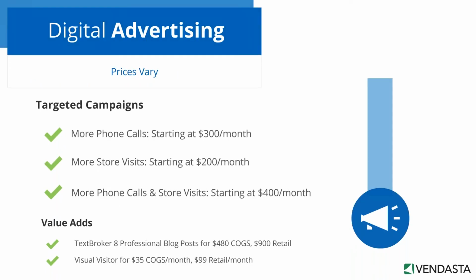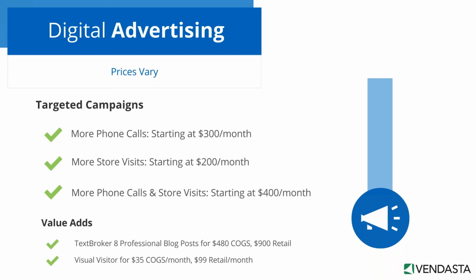And then lastly, we get into the digital advertising. So this is going over top of everything else we just talked about. You've got the website, you've got the reputation, you have social going really well. How can we enhance all of that? So that's where digital advertising can really fit in.